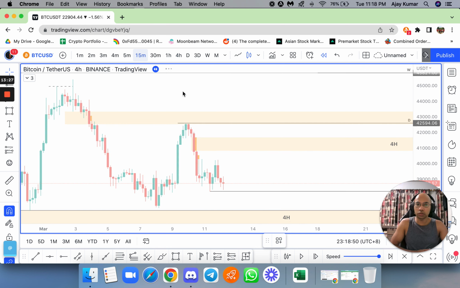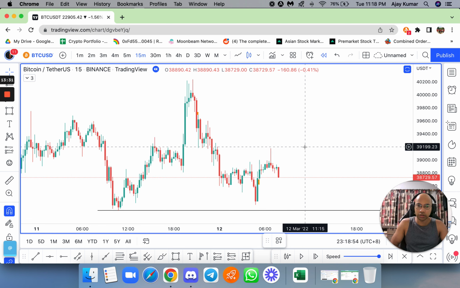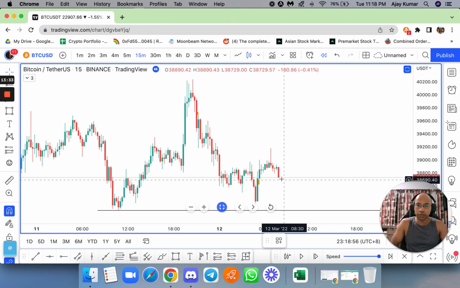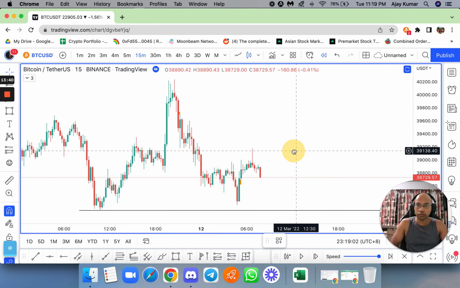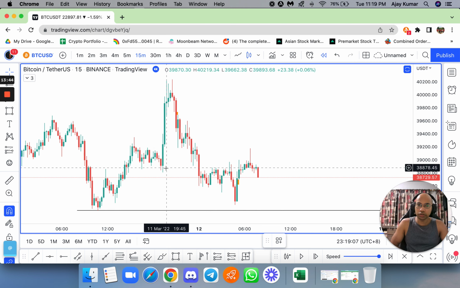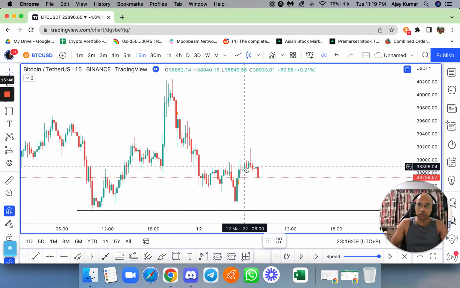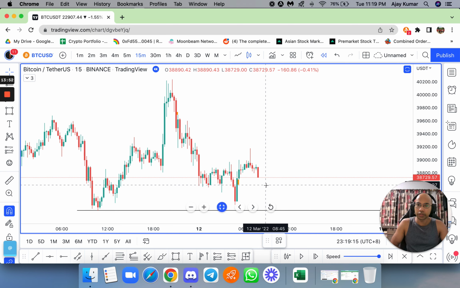Maybe let me see what's happening on the 15-minute chart. My guess is price would come down here and take the liquidity, right? Did price break market structure? It broke this. Came back. Yeah, looks to me price is going to come down.